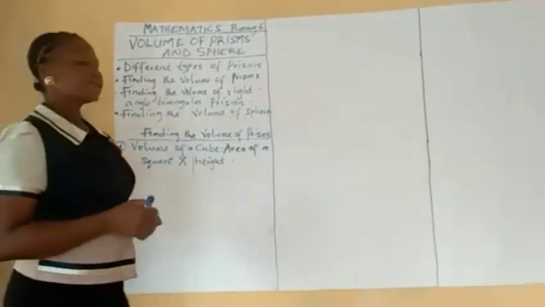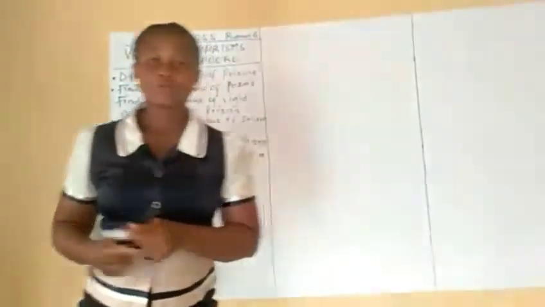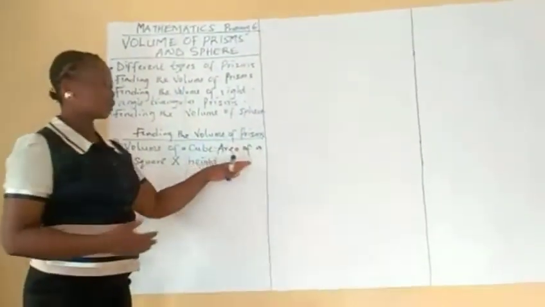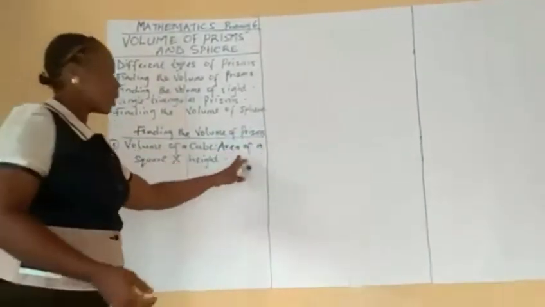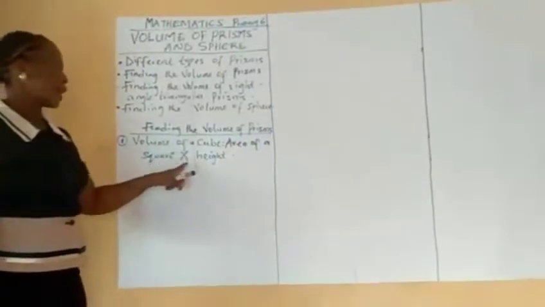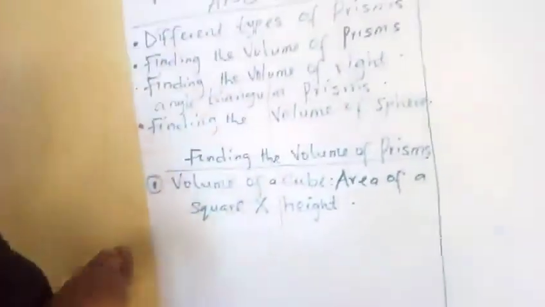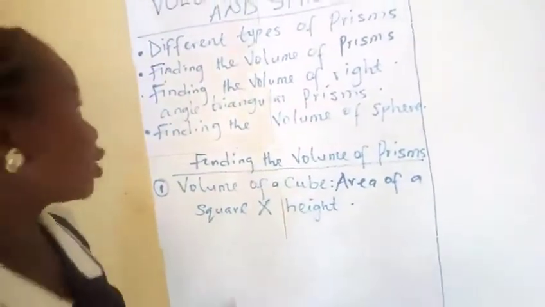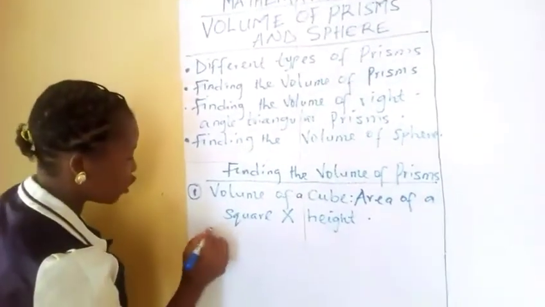This area is the length times width that we talked about. The end of a cross section is a base which comprises length and width. Let's look at an example. This is mathematics. We solve, not talk.